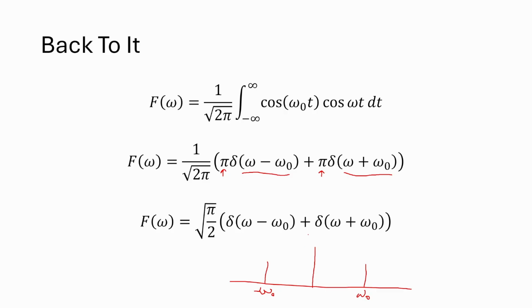So this is to say that the Fourier transform of a cosine, which is a pure wave with a single frequency, is in fact a function that just has spikes at that frequency, its positive and its negative version. And that's it. That's the answer. We're done.